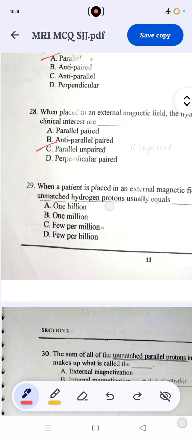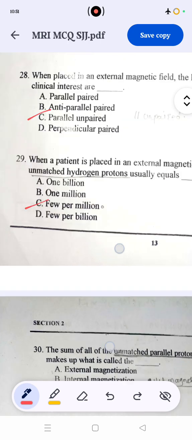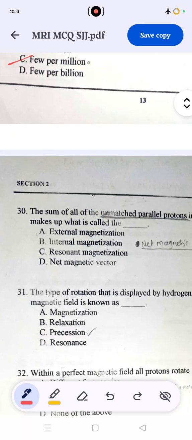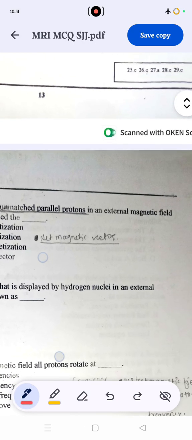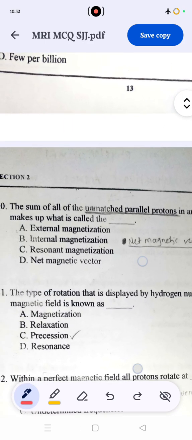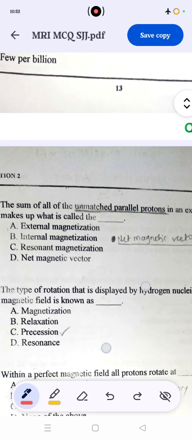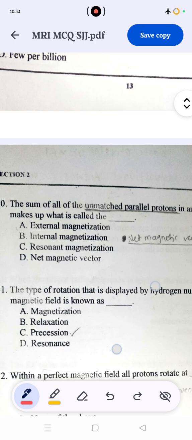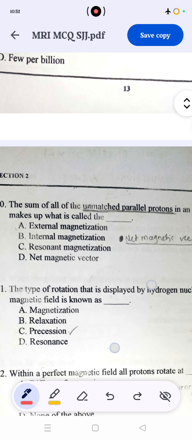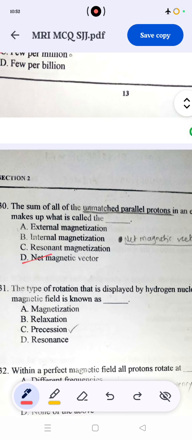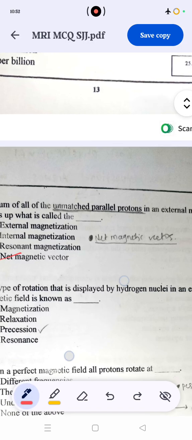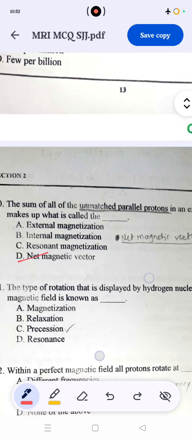So the correct answer is C. Then the sum of the unmatched parallel protons in the external magnetic field is called the external magnetic field, internal magnetic field, resonant magnetic field, or net magnetic field. The correct answer is net magnetic field. These unmatched parallel protons form the net magnetic vector.